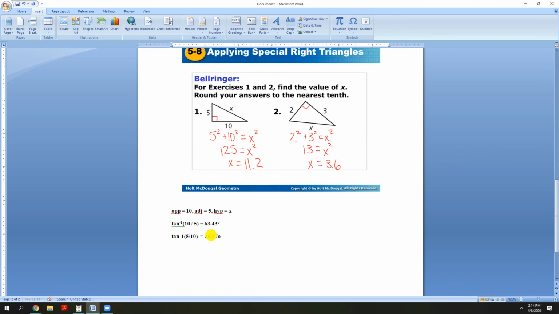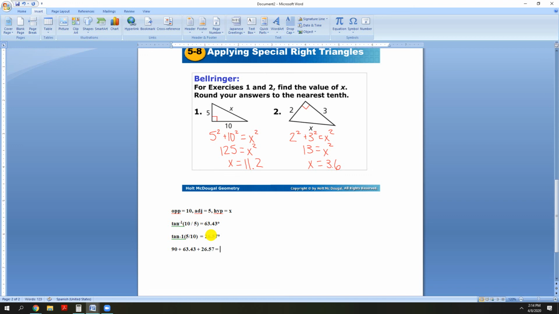Right? Now your question for some of you may be, how did this check our answer? Okay. Well, remember the angles in a triangle have to add up to 180 degrees.